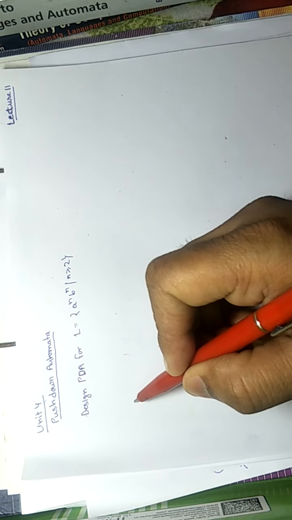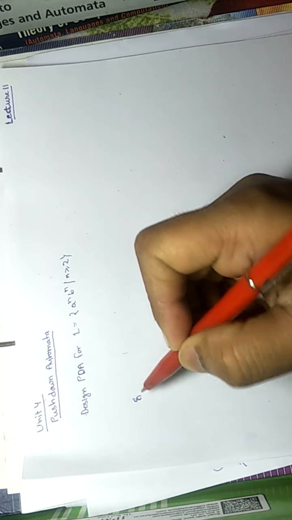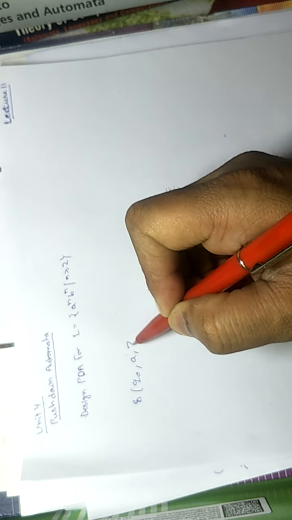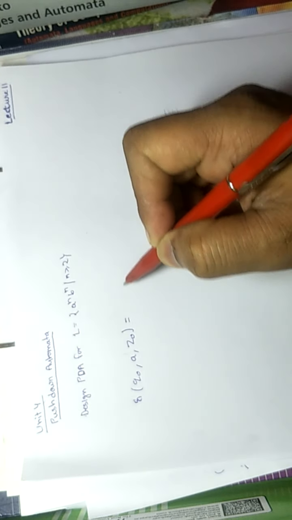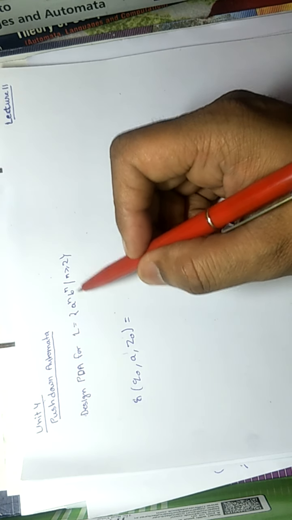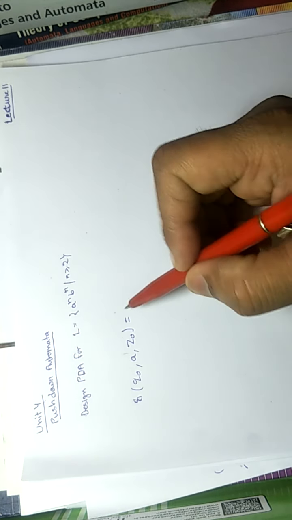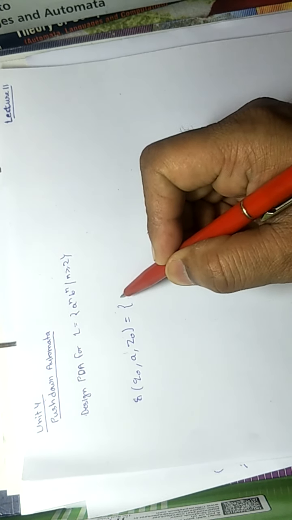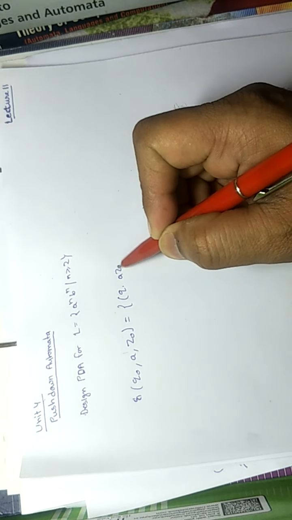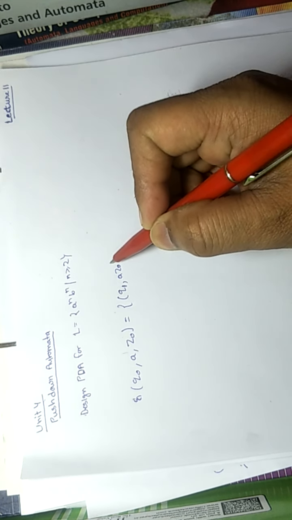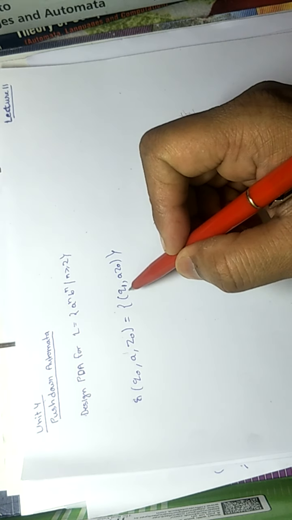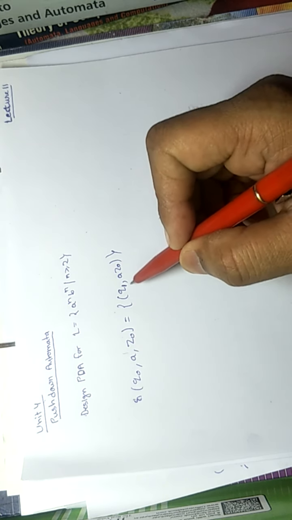It can be done as follows. We read the first a, and we have to push a and pop a with b. So we push the first a and change the state. By moving from q0 to q1, it is ensured that we read a.